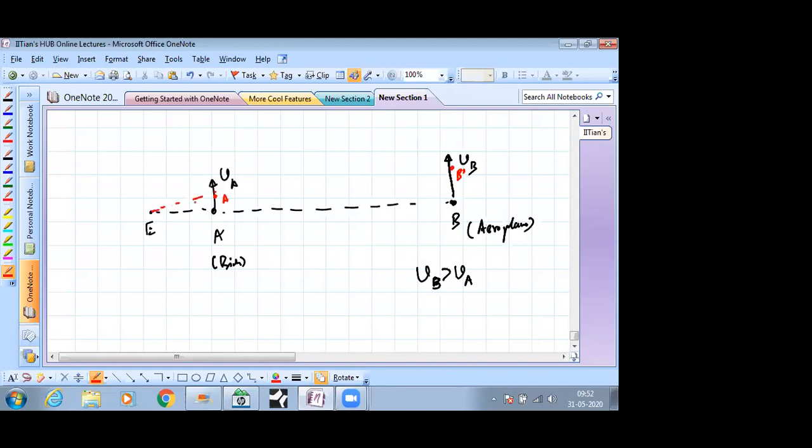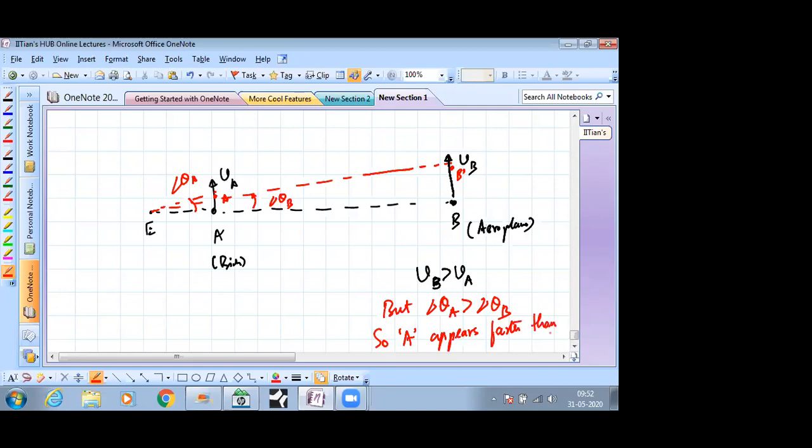Now see, the angle covered by A is more than the angle covered by B. So delta theta for A and delta theta for B are different, and delta theta for A appears to be greater than delta theta for B. So A appears faster than B. So this is another implication of this whole concept of angular displacement.